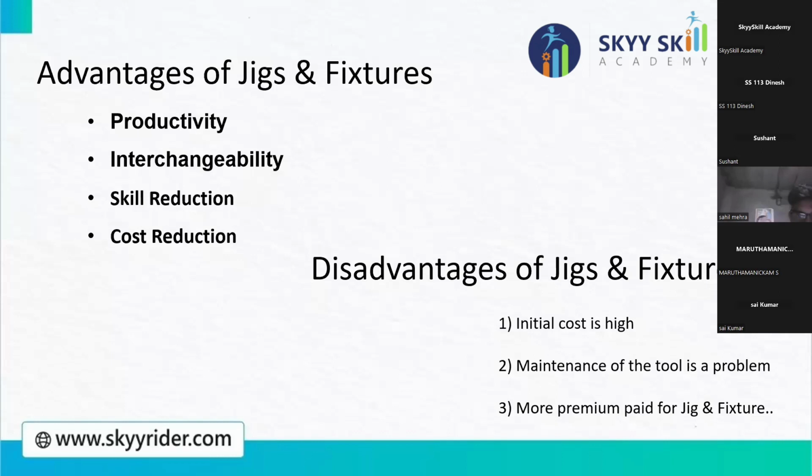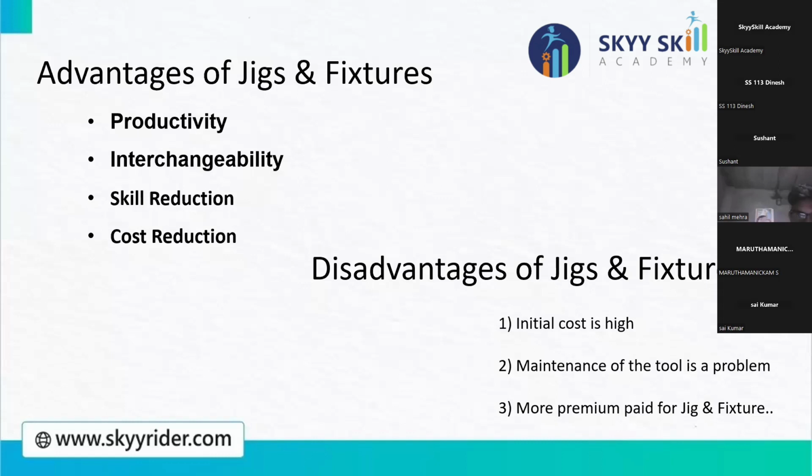What is productivity? Productivity is eliminating the human effort. To eliminate the human effort, you have to make it some kind of robotic system, so that every minute and every second counts for making the product in the least time. So how to eliminate those?